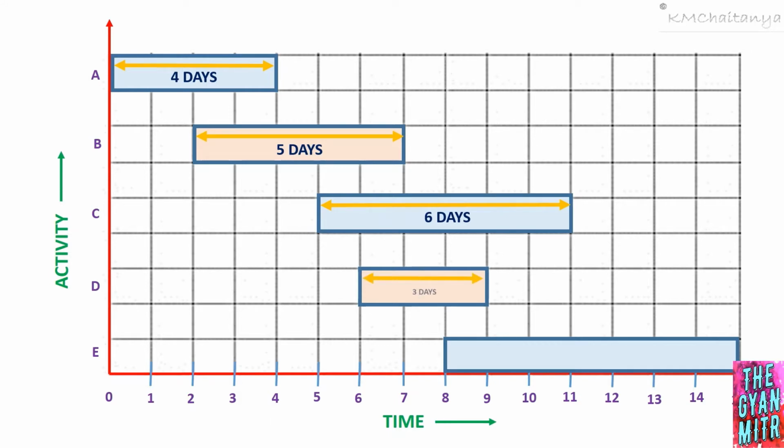Therefore, the duration of activity D is 3 days. And the last activity E, the start time is time t equal to 8 and the end time is time t equal to 15. Therefore, the duration of activity E is 7 days.